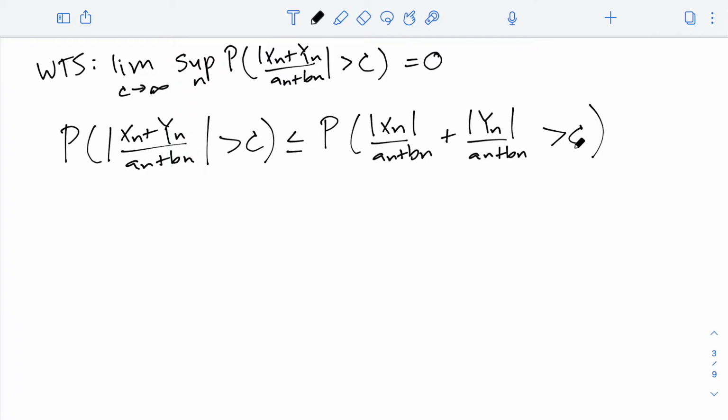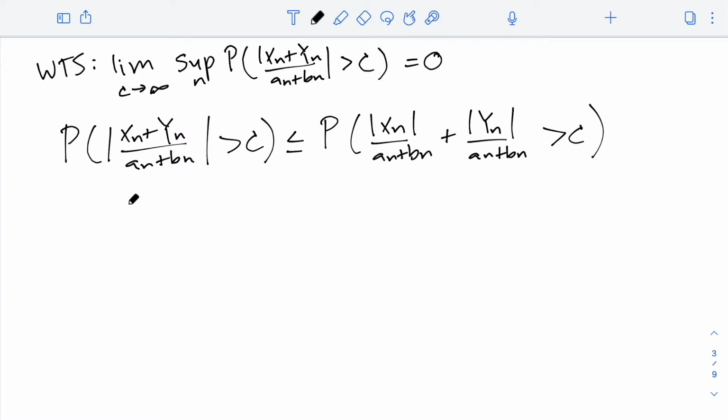So again, let's remind ourselves what we did. We took this absolute value and said that the absolute value of the sum is less than or equal to the sum of the absolute values. If we have something bigger on the right, then it has only increased, not decreased, the probability of being greater than c.